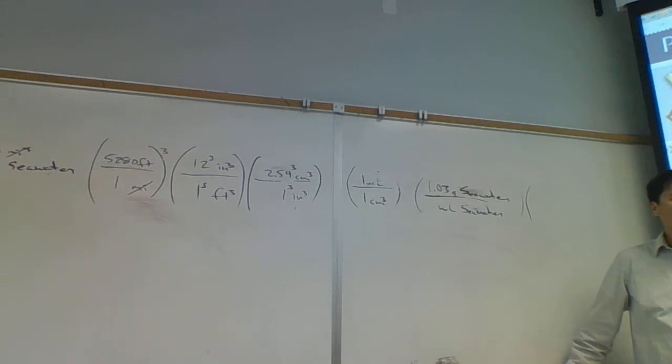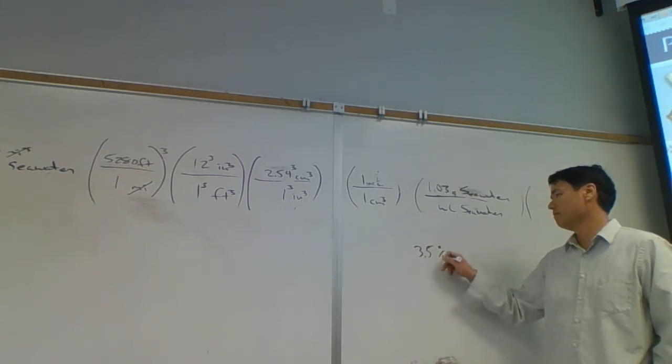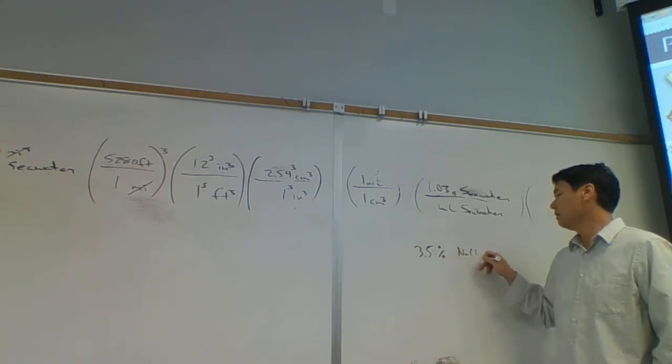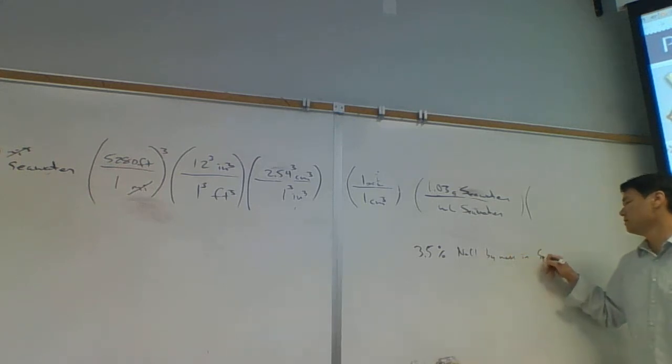And then what? Yeah, we have this one, 3.5%. So what is the 3.5%? Grams of NaCl. This is 3.5% NaCl by mass in seawater.